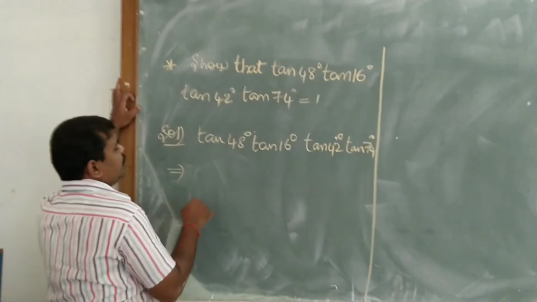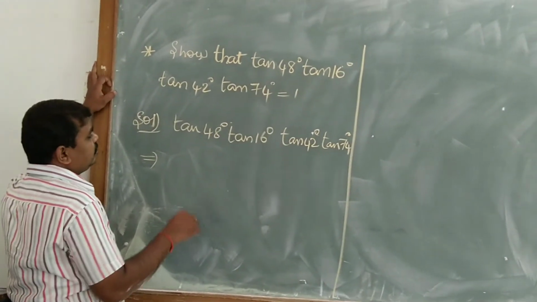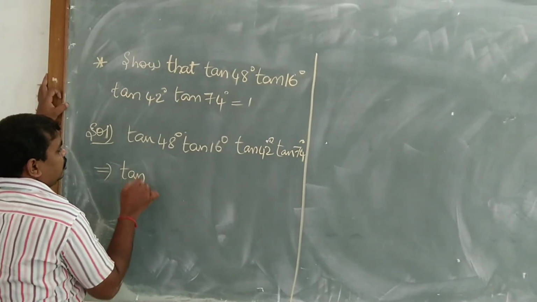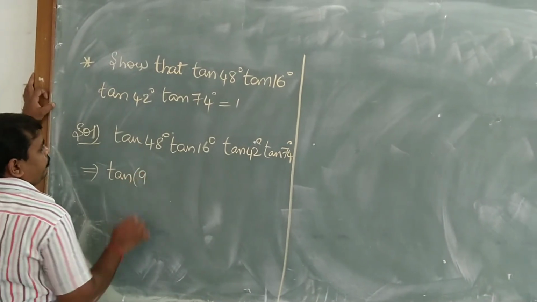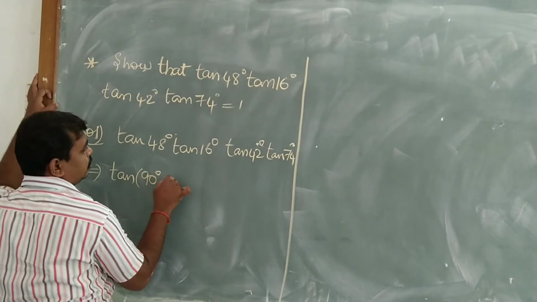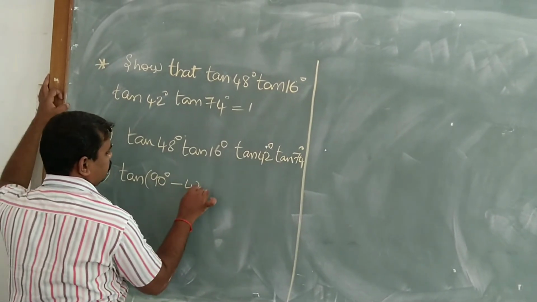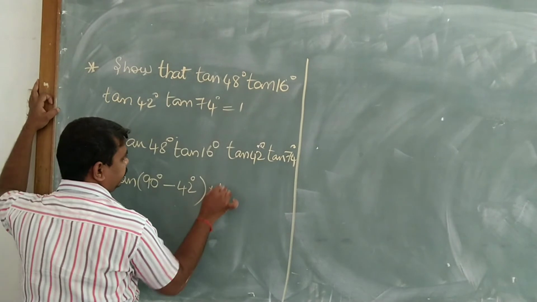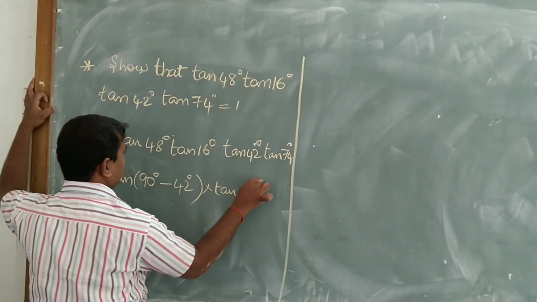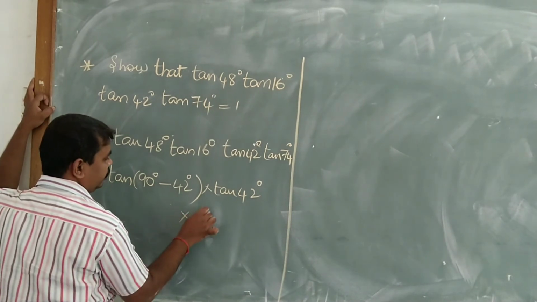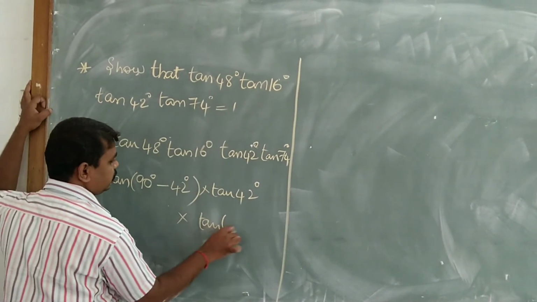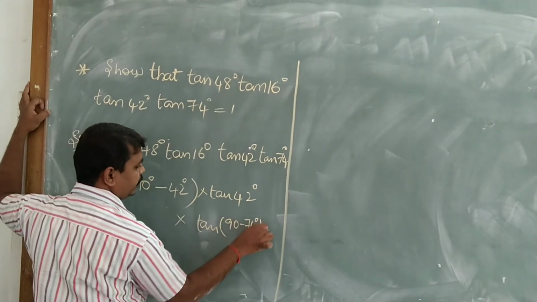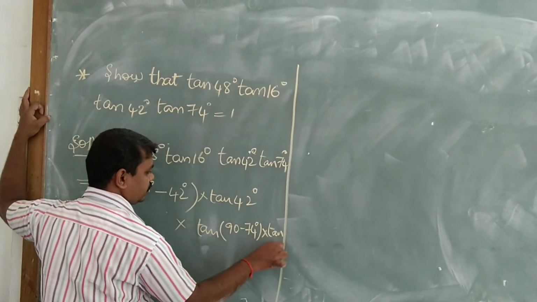So this tan 48 degrees can be written as tan 90 minus 42 degrees, into tan 42 degrees, into tan 16 degrees can be written as tan 90 minus 74 degrees into tan 74 degrees.